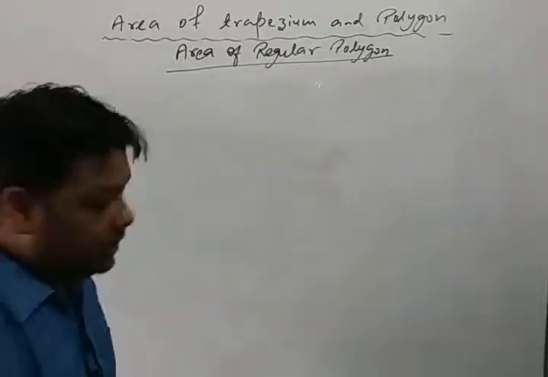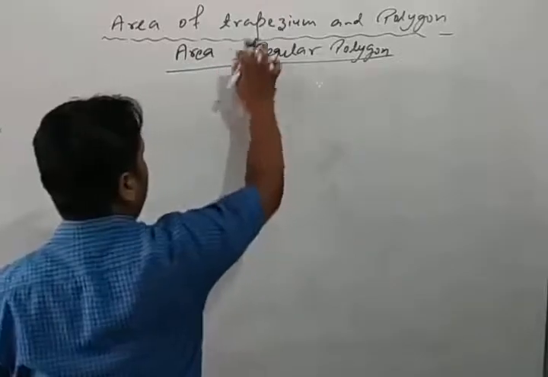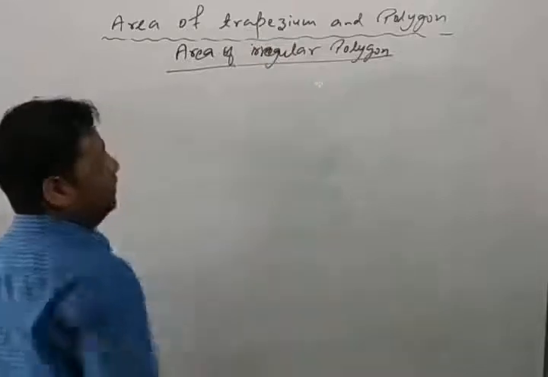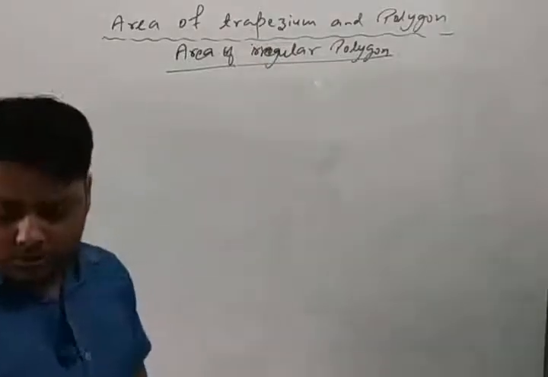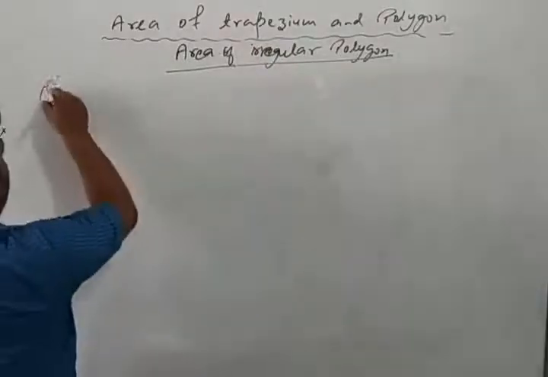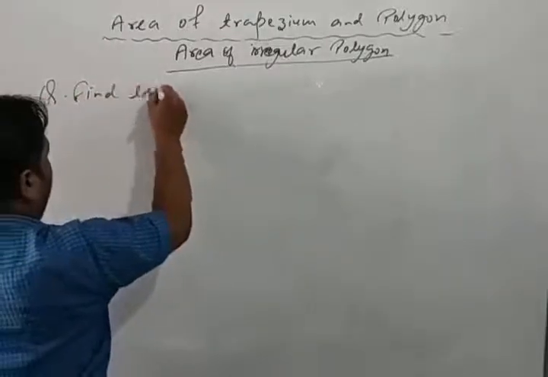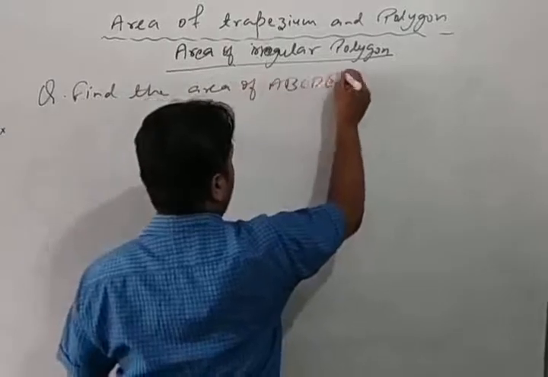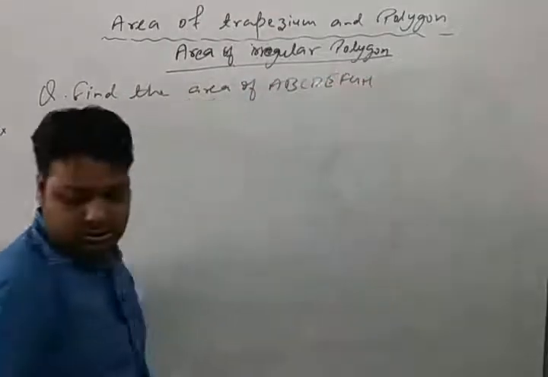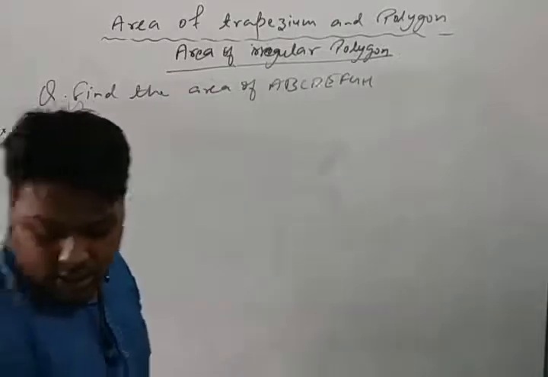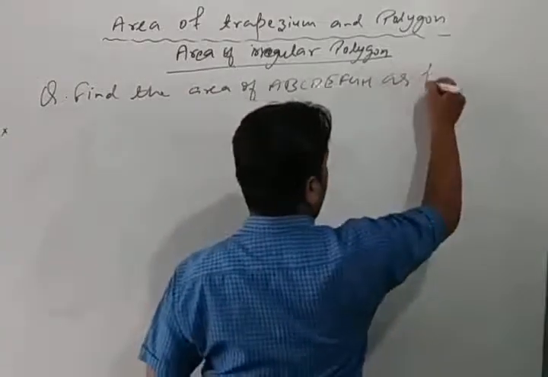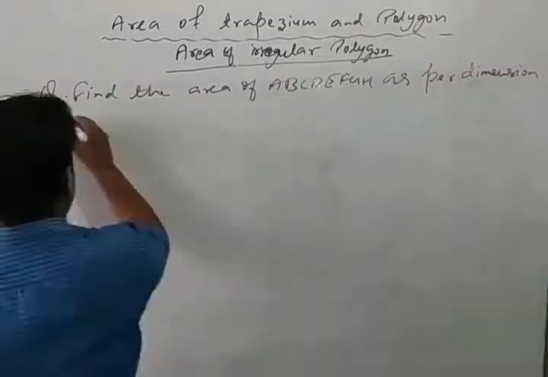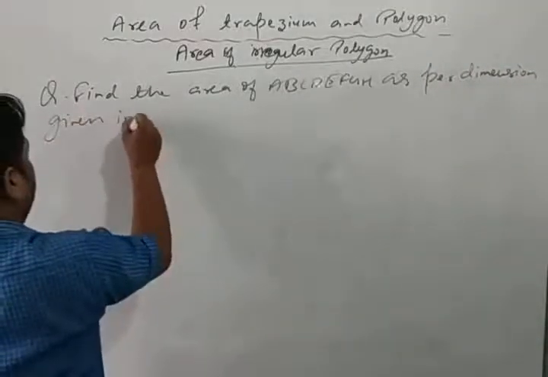Now, area of an irregular polygon, not hexagon. Now, if the question is given, find the area of A, B, C, D, E, F, G, H as per the dimensions given in the figure.